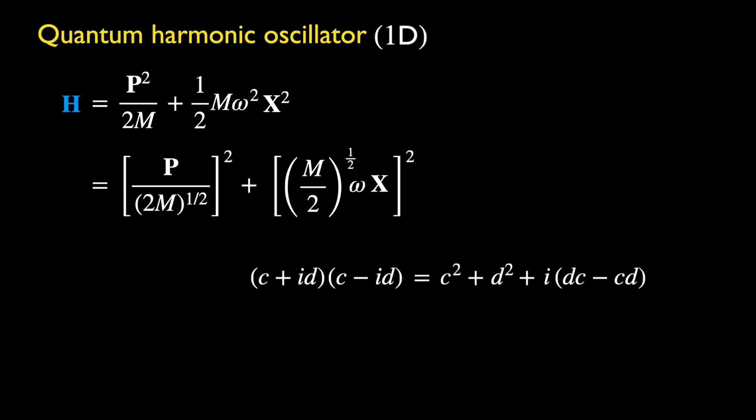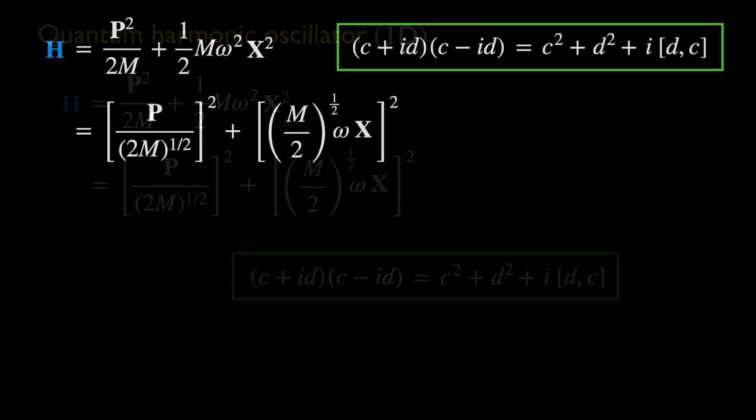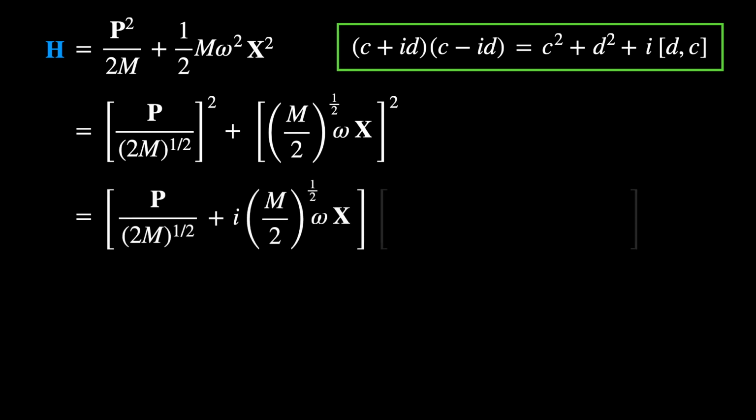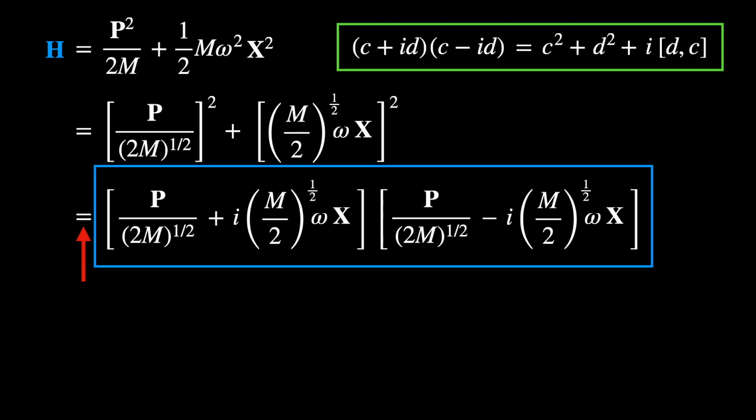This results in the last term, which is the difference between two opposite orderings. The last equality is not yet true, but let's apply the green box to the blue box and see if we could make it true.